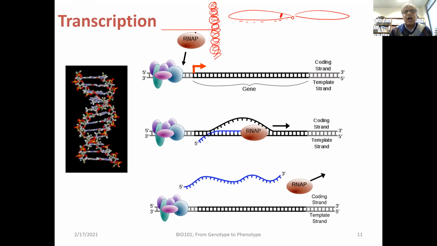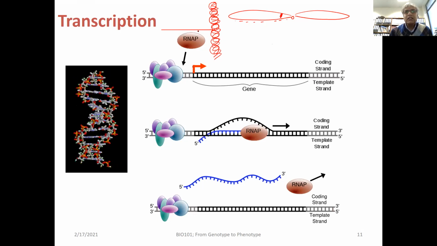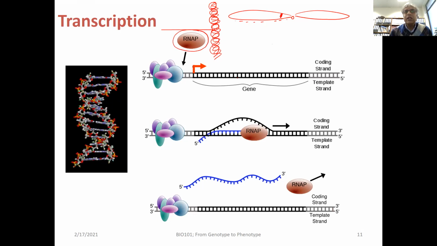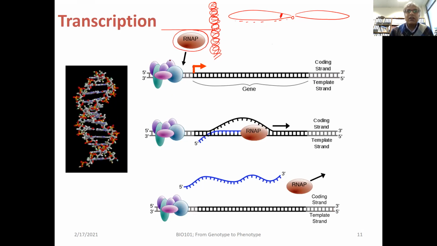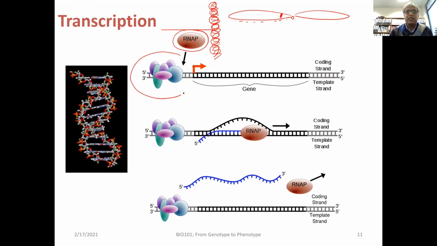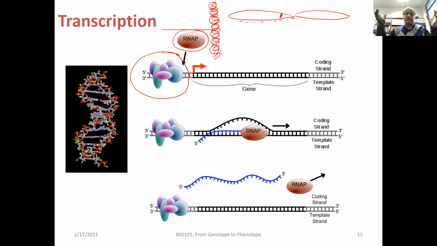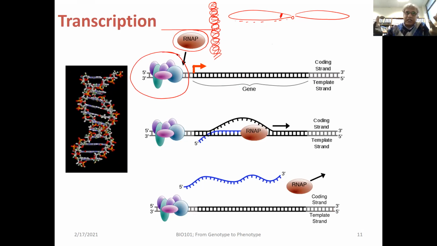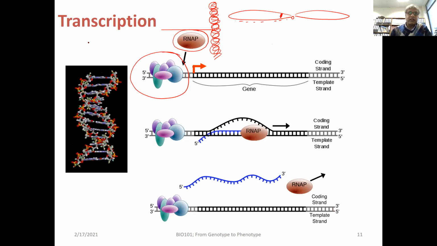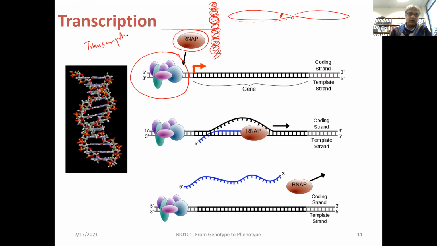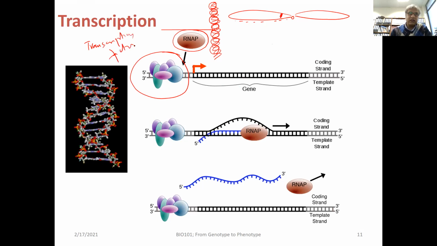As I told you, RNA polymerase, the enzyme responsible for decoding DNA into messenger RNA, recognizes a specialized promoter sequence. RNA polymerase is facilitated by many other proteins, which we know as transcription factors.